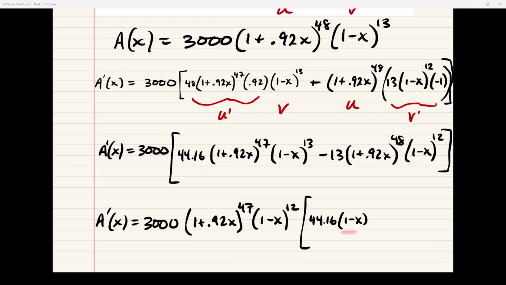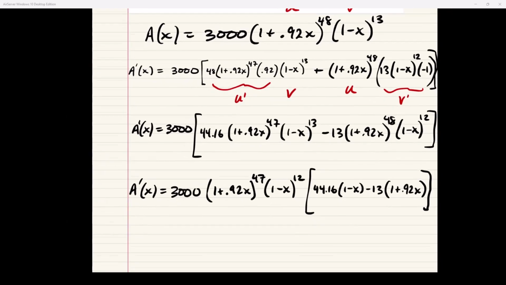So there's only one left, minus, and then looking at this term, as I factor out these two factors, what would be left is minus 13 times 1 plus 0.92x, and that's it, because I'm factoring out 47 factors, and there were 48 there, and I factored out 1 minus x to the power 12, which is all I had there. So that's what's left when you factor out those two common factors.